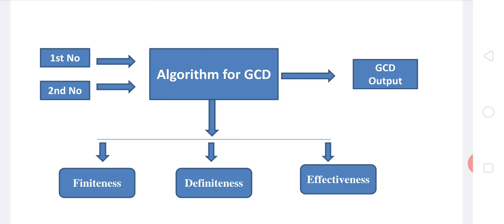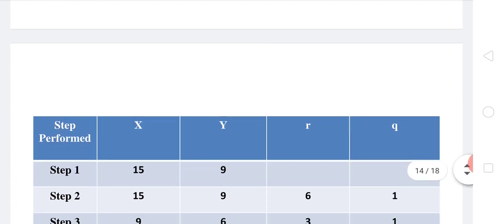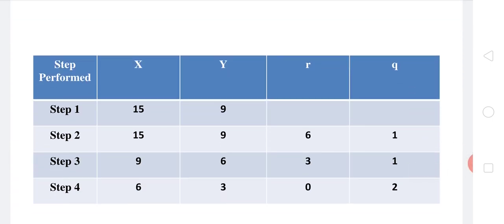Now we can see this in table format. The value of x is already taken as 15, the value of y is 9, means 15 divided by 9, where the remainder is 6 and the quotient is 1. See in step number 2, first check the value of r.